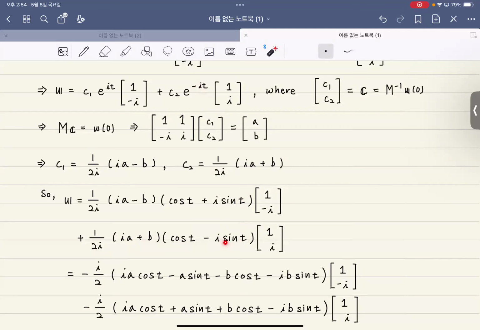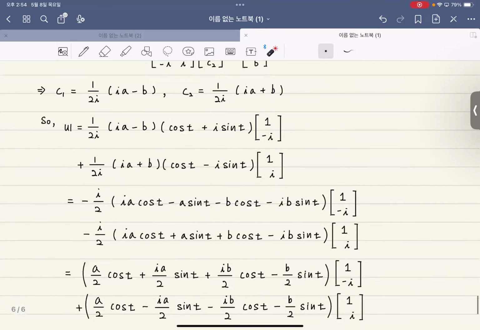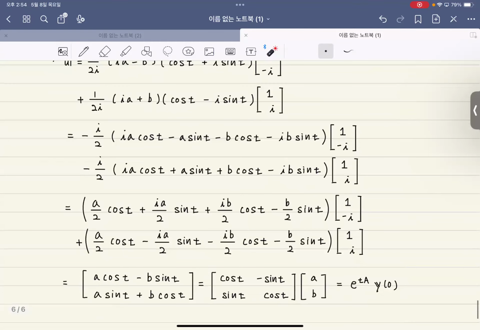So this is cosine minus i sine t times the second eigenvector, 1 and i. This is just a tedious computation, so I don't want to spend too much time explaining it. It turns out the resulting thing is some combination of trig functions, A cosine minus B sine, A sine plus B cosine, which can be written like this.